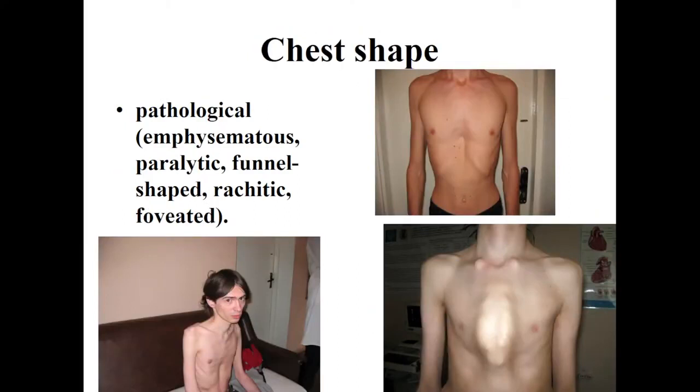On this slide, you can see the pathological shapes of the chest: emphysematous, paralytic, flat, rachitic, funnel-shaped.